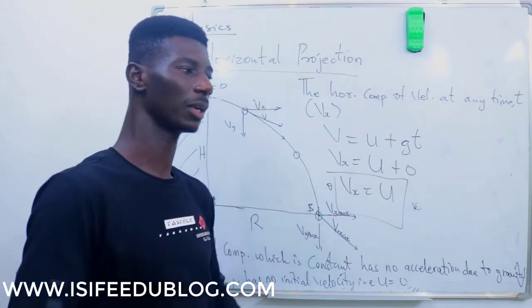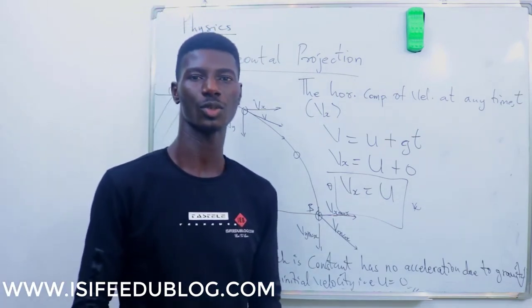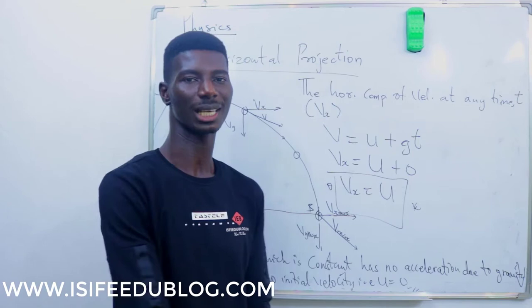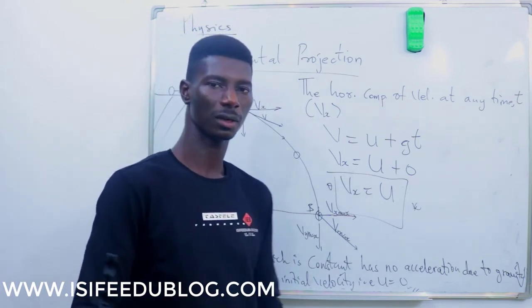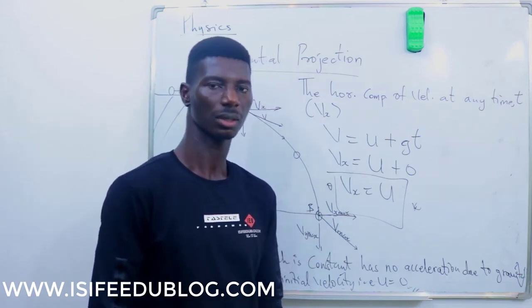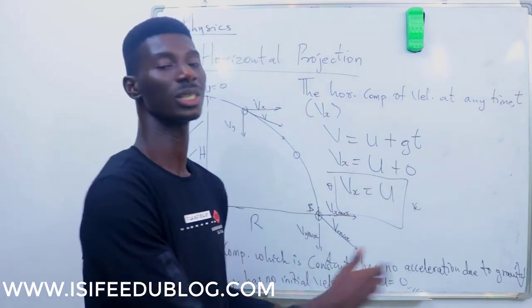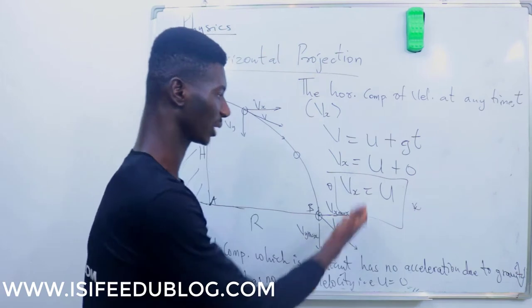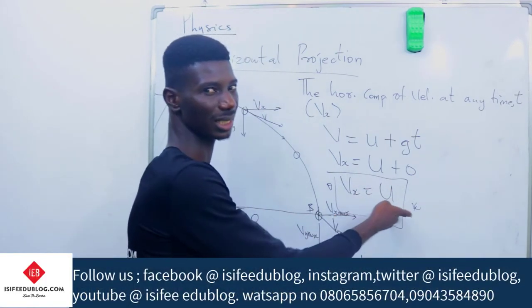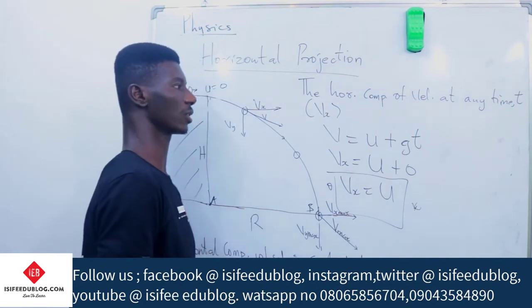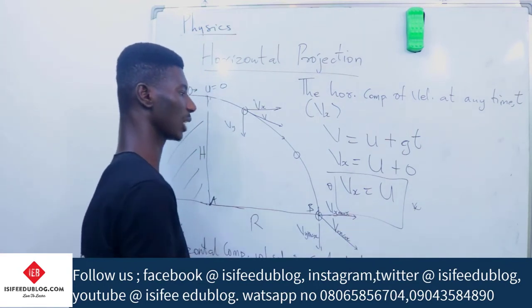If they tell you a body was projected with an initial velocity of 20 meters per second horizontally, what is the horizontal component of the velocity after 5 seconds? You don't need to solve anything. Your answer is 20 meters per second. Because as you can see, the horizontal component of the velocity is constant. It is equal to the initial velocity of the projectile. So that is how you get this.